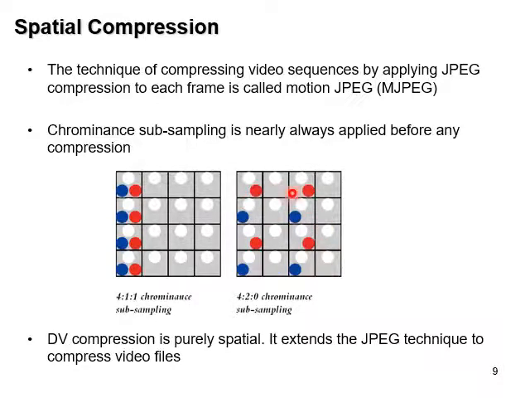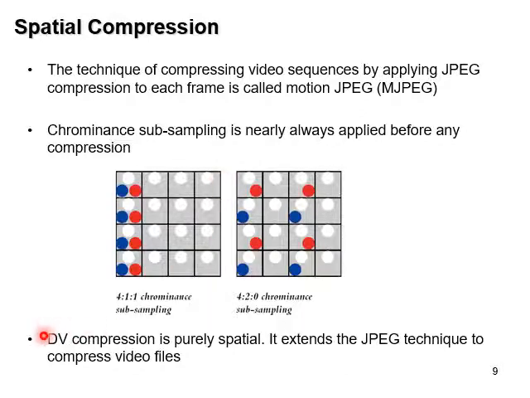This is also used. In any case, whether this one or 4:2:2 or whatever, all of them will achieve compression because you're not storing the 3 components for every single pixel. You're only storing, for example, for every 4, the 3 components for the first pixel, and for the next 3 only the Y, the luminance component.